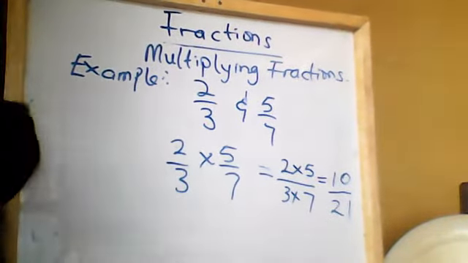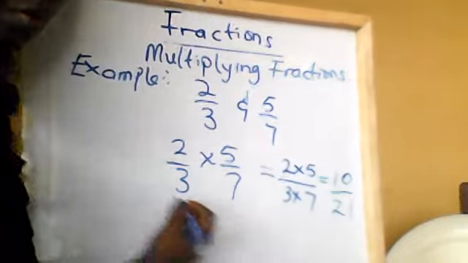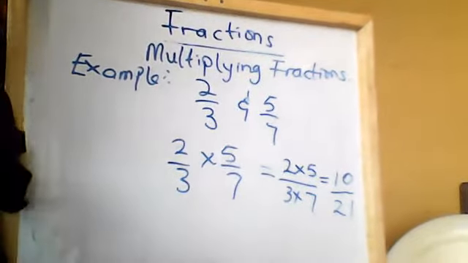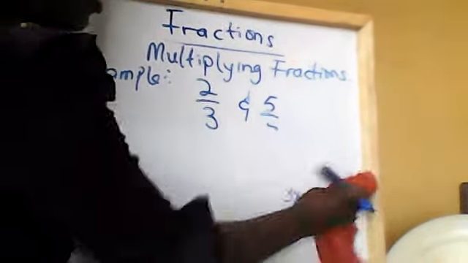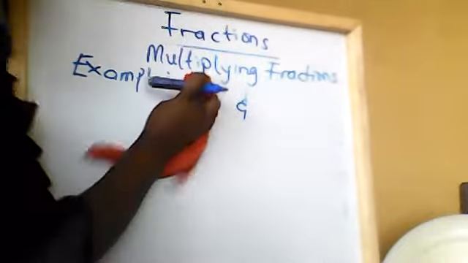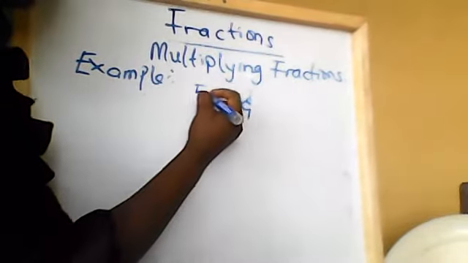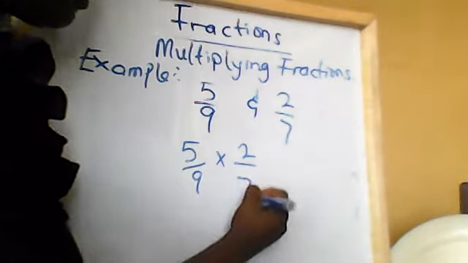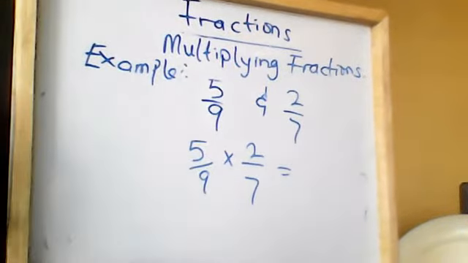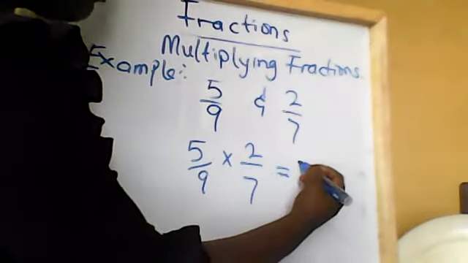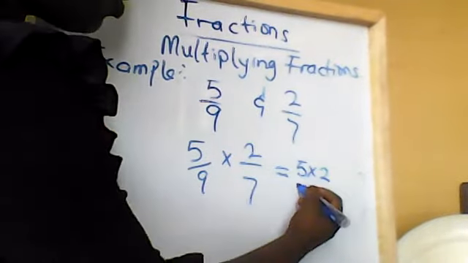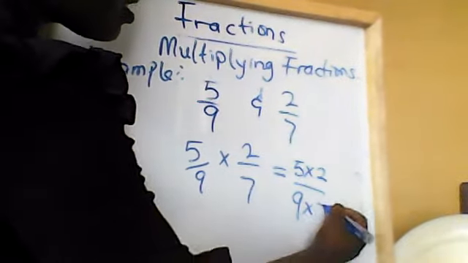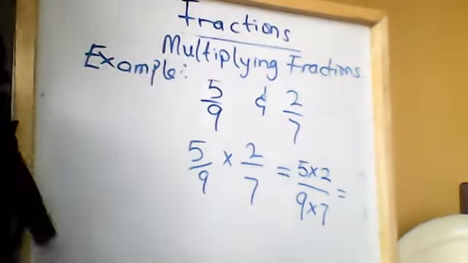Another quick example. If I have 5 over 9 times 2 over 7, this would give me, like we did earlier, 5 times 2 over 9 times 7. 5 times 2 is 10.